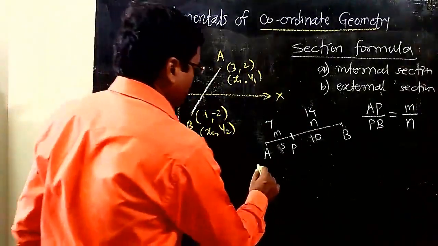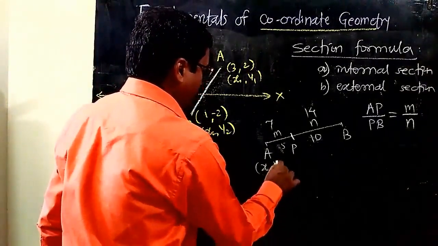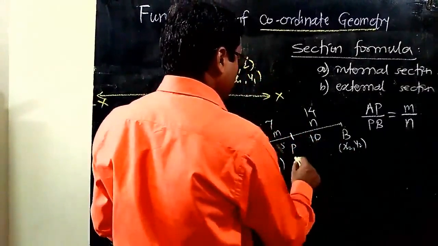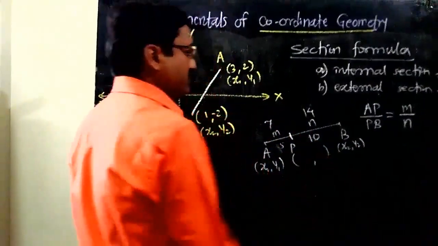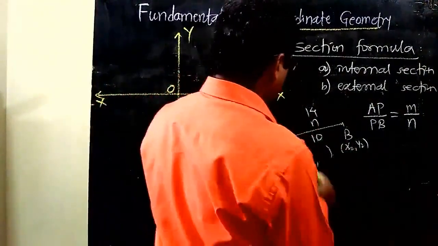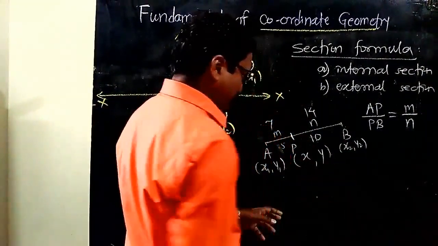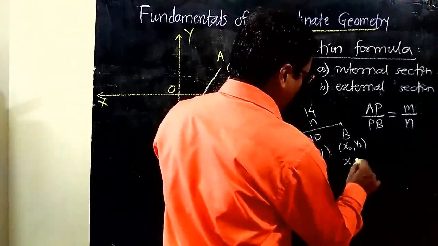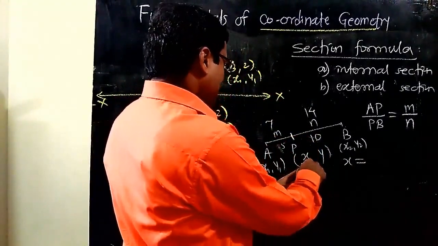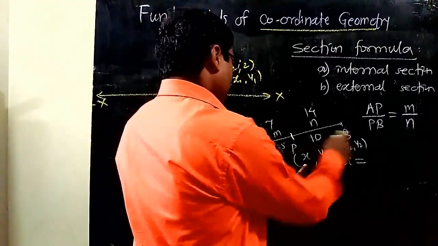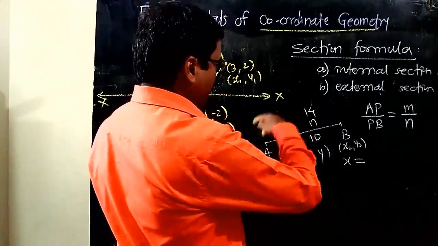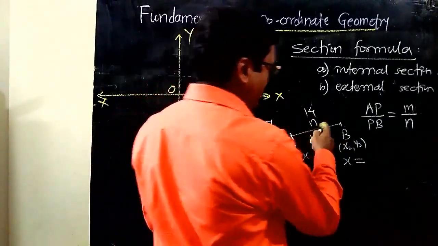Suppose the coordinates of A are x1, y1, and the coordinates of B are x2, y2. Then we have to find the coordinates of P using this ratio, and considering them as x and y, we have the formula to find x. Whenever we are finding x, we will consider the x coordinates of these endpoints, and if we consider x1, then we will multiply it with the second distance, that is n.